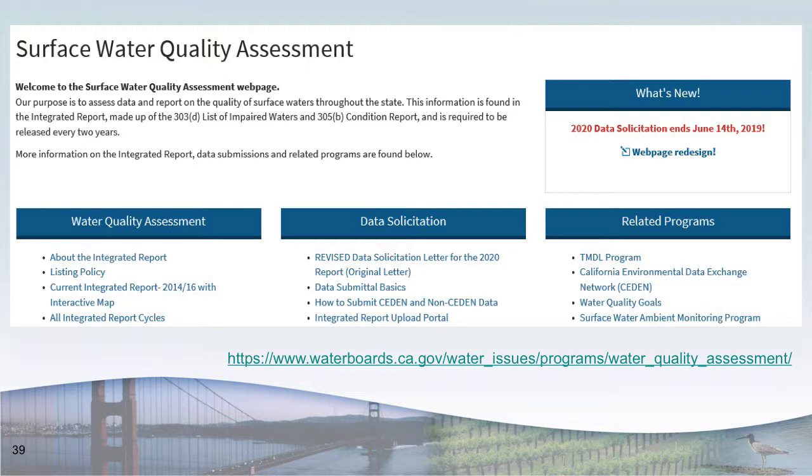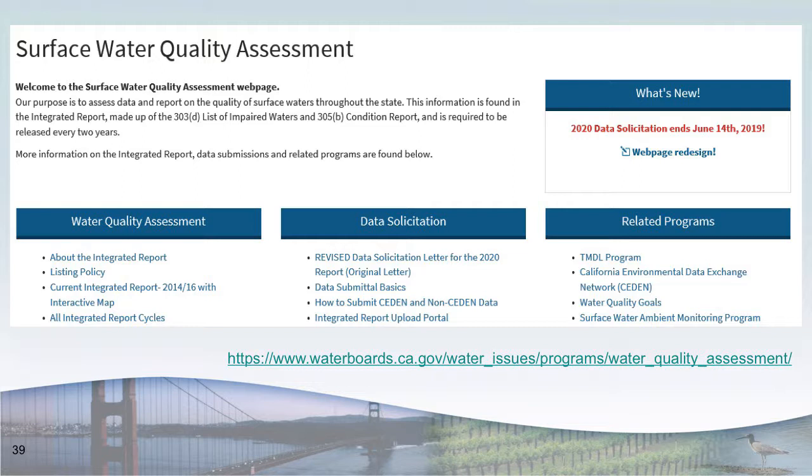There's a few really nice pieces here that you might want to know about. You have a nice link to the listing policy, a nice link to what our current integrated report is, and all of the other cycles that have happened and are happening. Basic information about how to get data into the CEDEN, the California Environmental Data Exchange Network, and some other related programs.